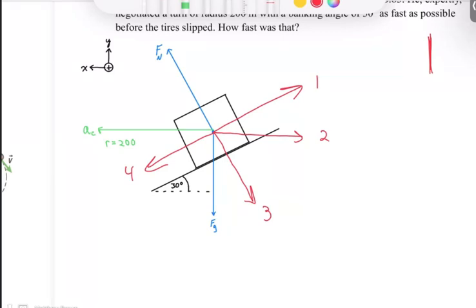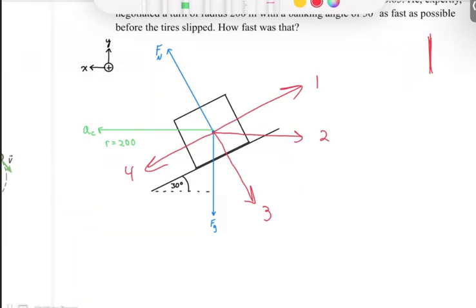So it should always be parallel to the surface. Just like the normal force should be perpendicular to the surface, friction should be parallel to the surface. So that tells us we're probably looking at 1 or 4 here. Even though the acceleration is toward the center, the friction should be 1 or 4.